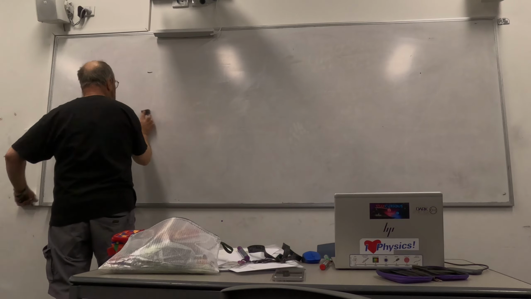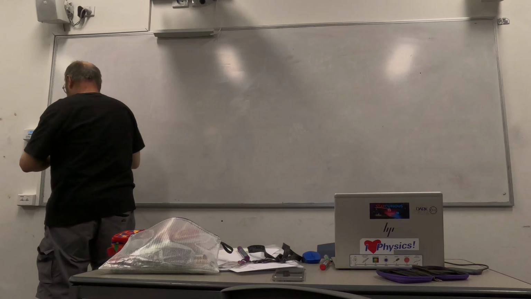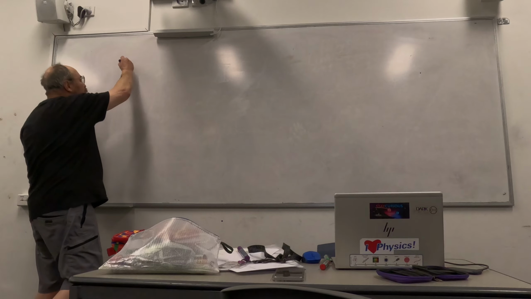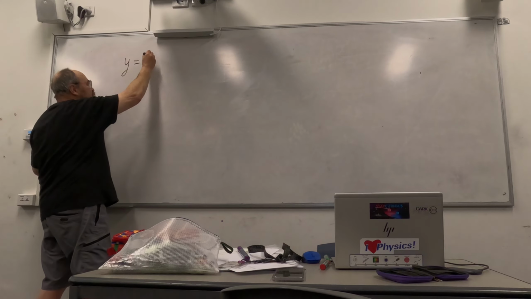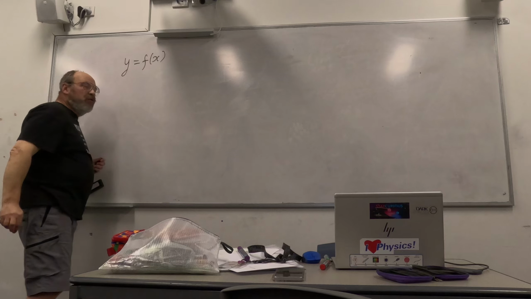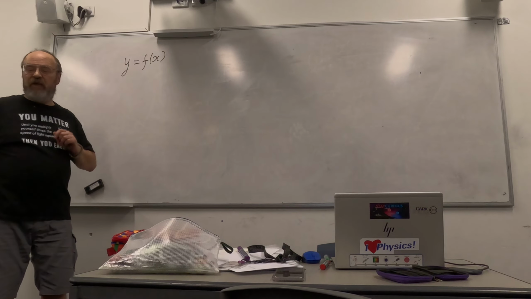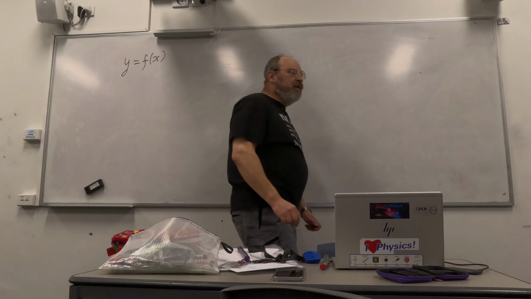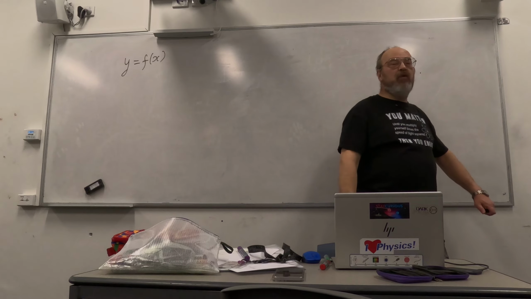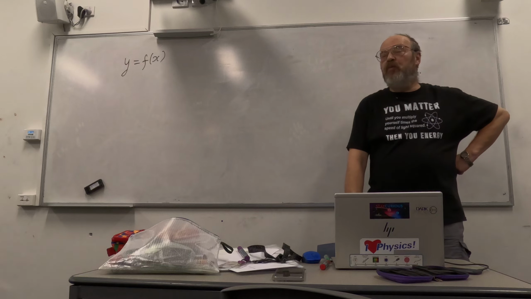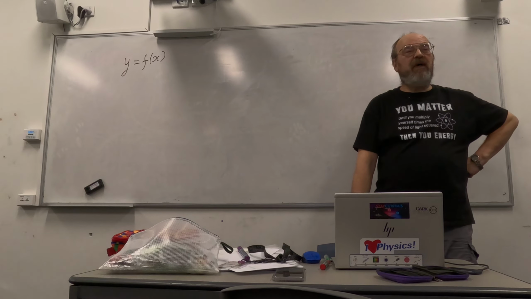Okay, and the definition. Now, there are two notations for the derivative. If we have y equals f of x, some function, there are two notations for derivative. It happens historically because calculus, differentiation, was invented by two people pretty much at the same time, independently.